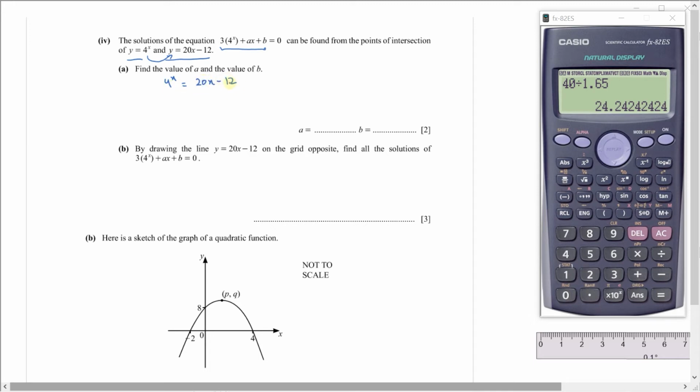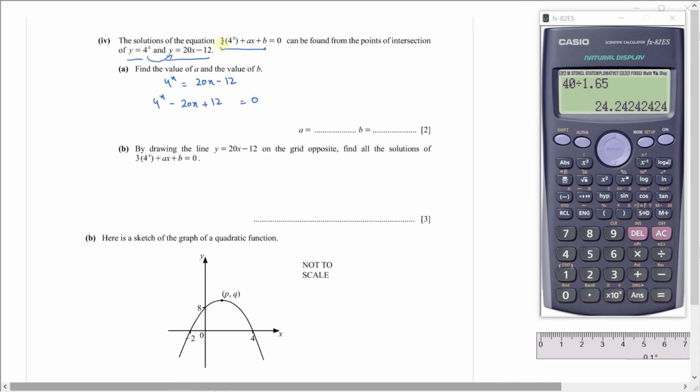So now I have this equation in x. Now I have to convert it into this form so that I can do the comparison and find the values of a and b. So I have 4 power x and all the values on one side and 0 on the other. I'll take these values on the left as well, so I will have 4 power x minus 20x plus 12 equals 0.